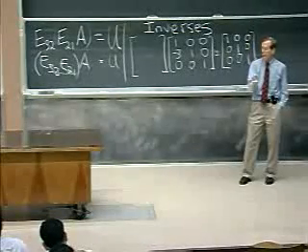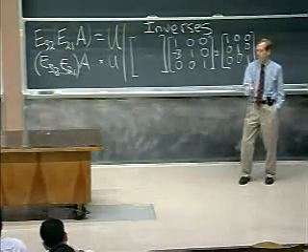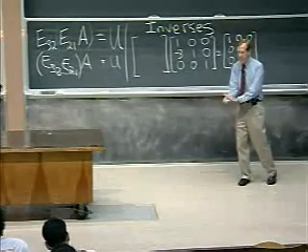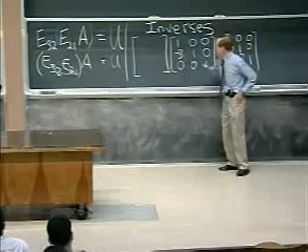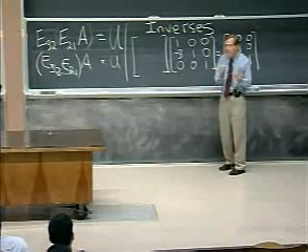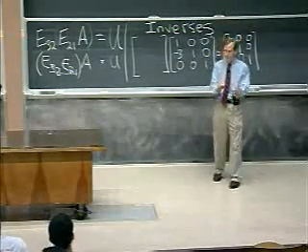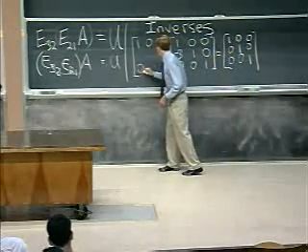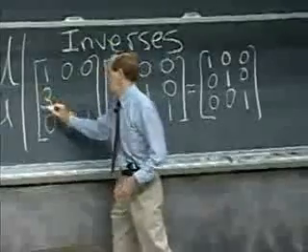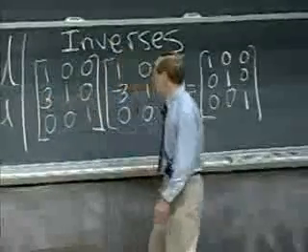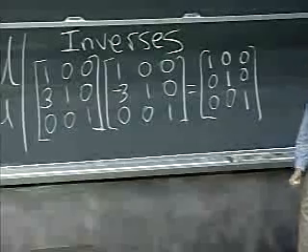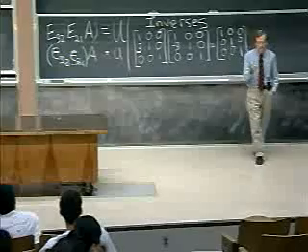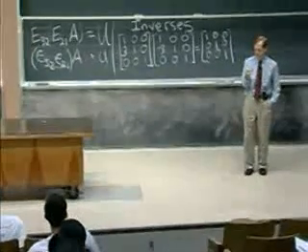I add 3 times row 1 to row 2, right? I add it back. What I subtracted away, I add back. So the inverse matrix in this case is, I now want to add 3 times row 1 to row 2. So I won't change row 1, I won't change row 3, and I'll add 3 times row 1 to row 2. That's a case where the inverse is clear. It's clear in words what to do.